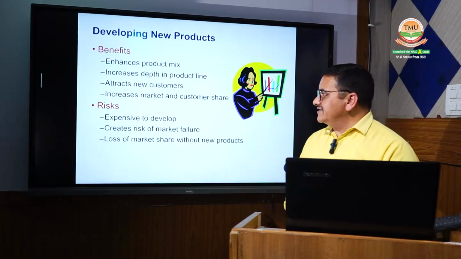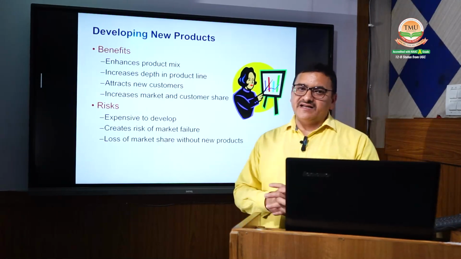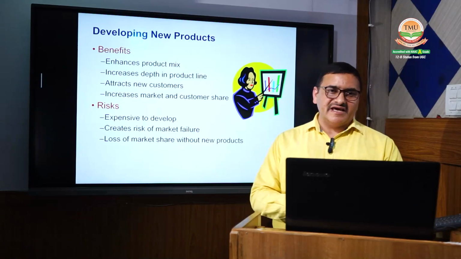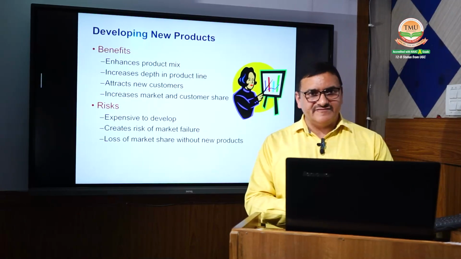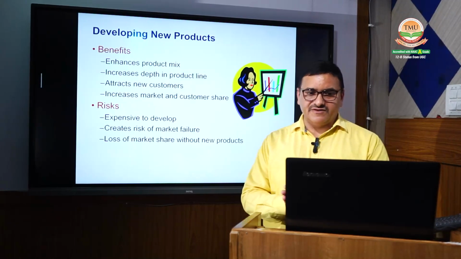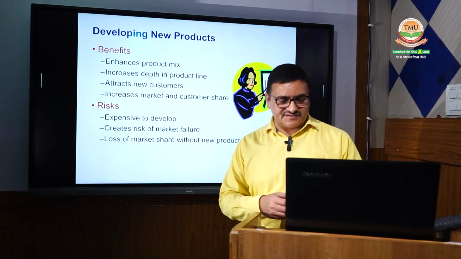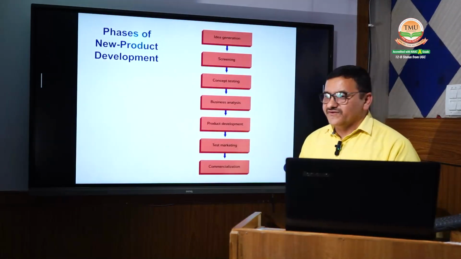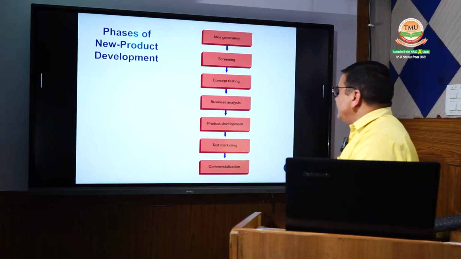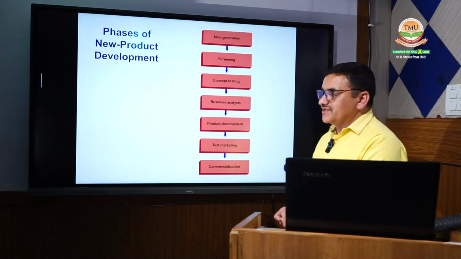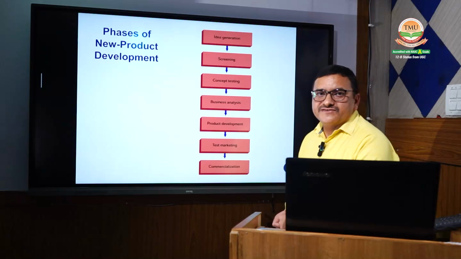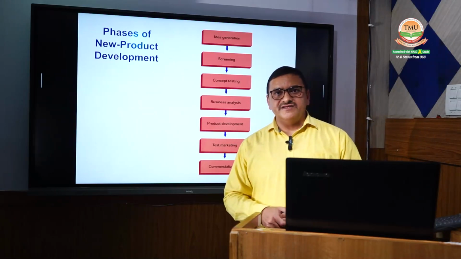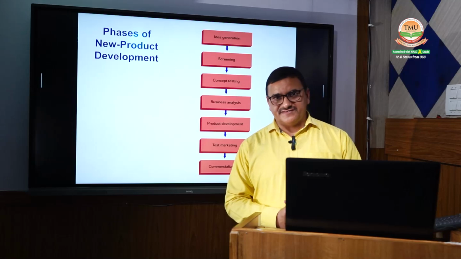So, after analyzing all the benefit and risk variables associated with new product development, the organization may plan developing a new product for the company or for the customers. Now, the new product development has certain phases. Its first phase is idea generation. Then we have screening of the ideas. After screening the idea, the organization will go for concept testing.